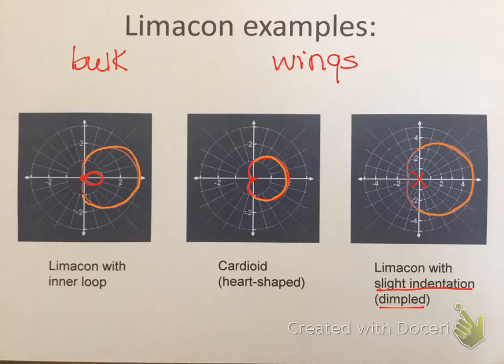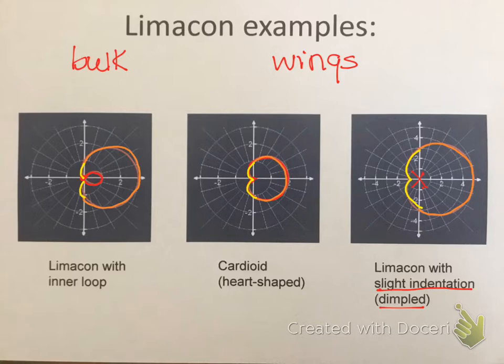But the bulk is what you see that is the major part of your limaçon. Your wings are these little things right there. So 3 different types of limaçons. You should be familiar with the vocabulary of bulk and wings.